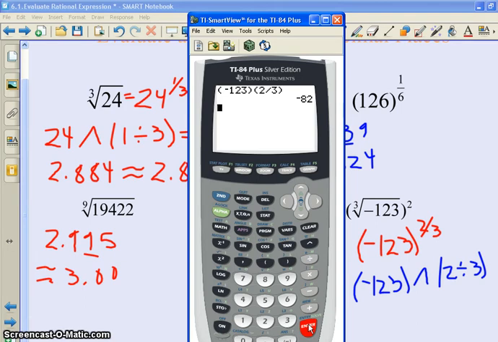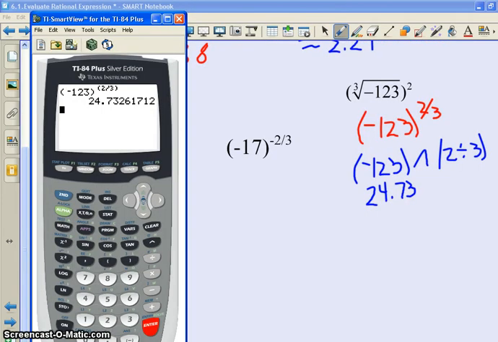I forgot my little caret sign, so let's try it one more time. Parentheses, negative 123, parentheses, caret, and then parentheses, 2 divided by 3, parentheses, and we're going to end up with 24.73.